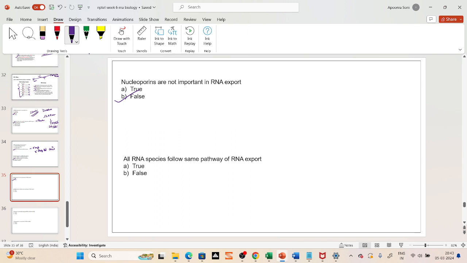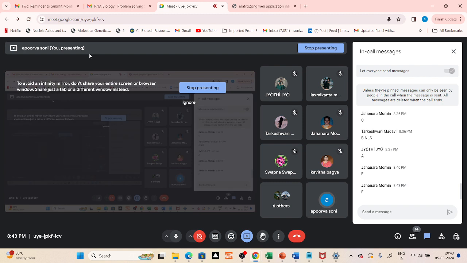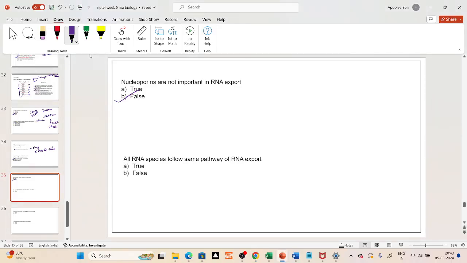Next question: all RNA species follow the same pathway of RNA export. True or false? False. So why is it false? All RNA species means we have tRNA, mRNA, snRNA, and we have seen so many different mechanisms are there.